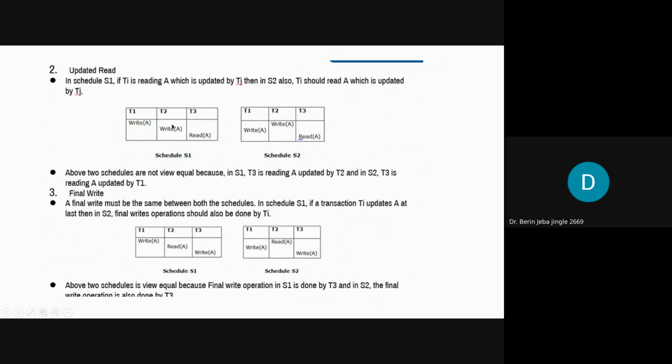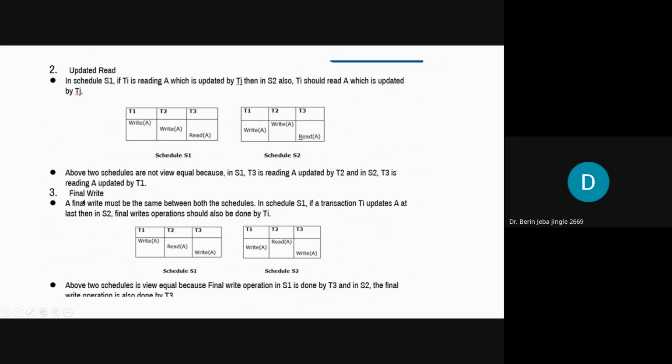Once again, I'm repeating: in T3 there is a read operation, and T3's read of A is updated by T2. The same thing must happen in schedule 2, but here T3 reading A is updated by T1. So the updated read fails here.